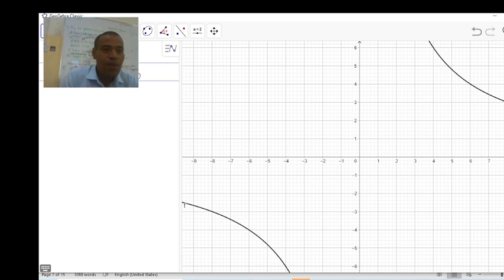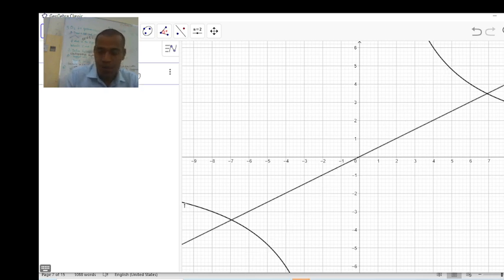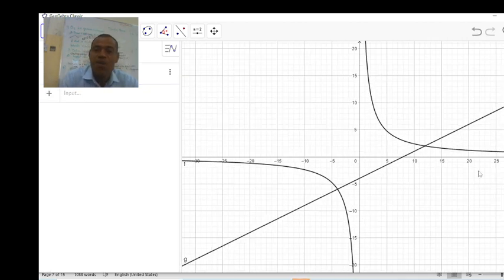Then the next, y equals x divided by 2 minus 4. I will minimize this. This is how you can graph your solution.